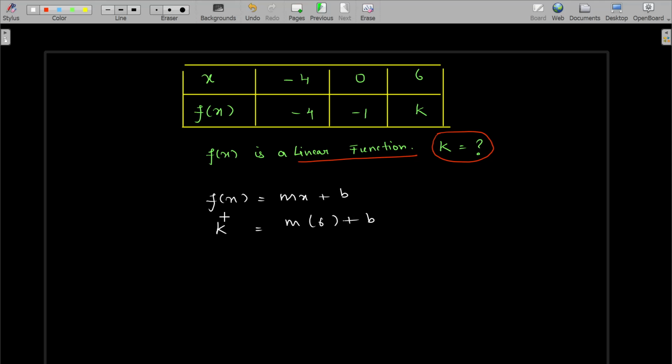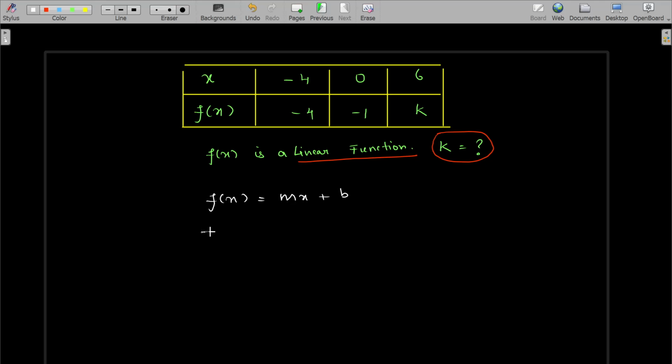No, I would use the -4 and -4 and 0, -1 to get m. Okay. So you will make two equations, right? Yeah, you can do that. But that will be a longer method, but yes, we can do that.